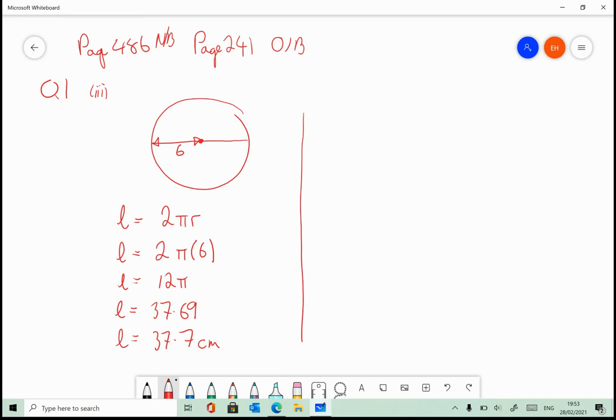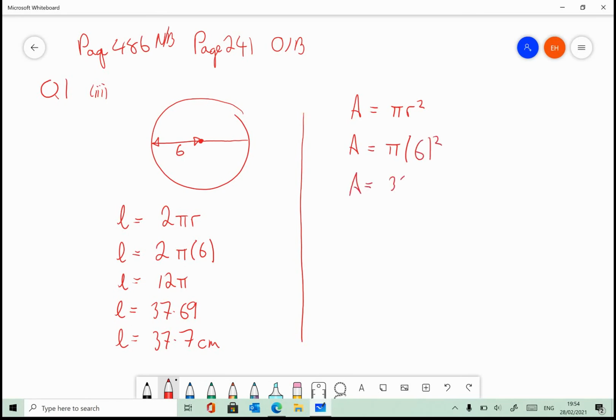Just to give you an idea of how to work out the area, there's a different formula we use for area. Area is equal to pi r squared. This wasn't asked in the question, but we'll do it anyway. Pi times 6 squared.